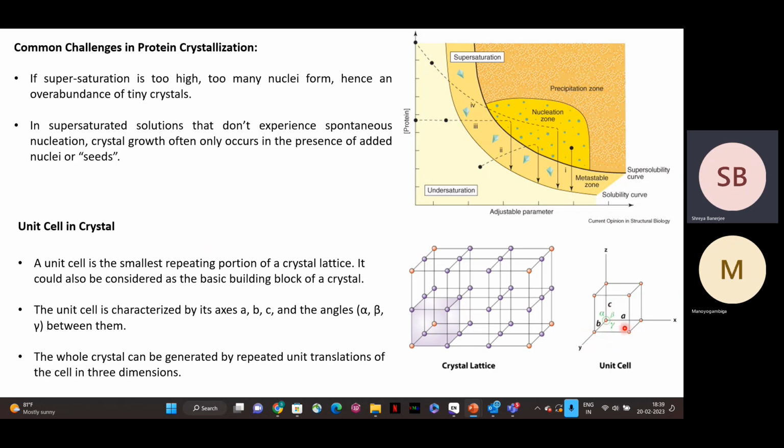So by defining these 6 parameters, A, B, C, and alpha, beta, gamma, you can get an idea about the dimensions of the crystal lattice. And the whole crystal can be generated by unit translation of this unit cell in the 3 dimensions.